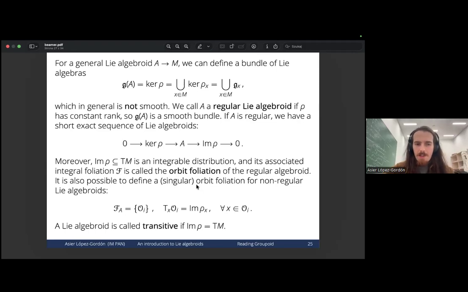And we say that the Lie algebroid is transitive if the anchor map is surjective, so its image is the whole tangent bundle. Of course, any transitive Lie algebroid is regular.